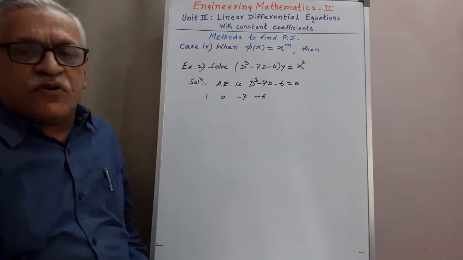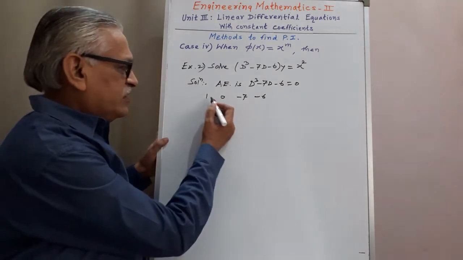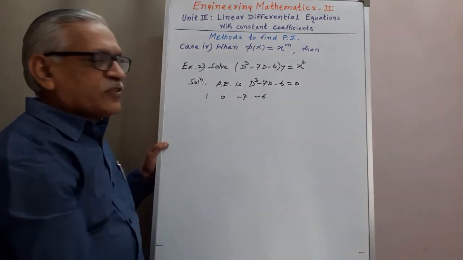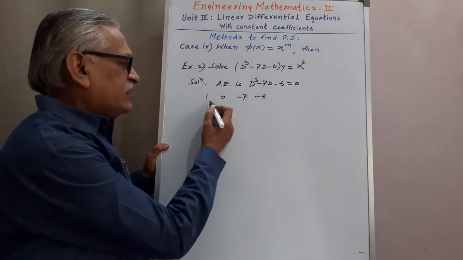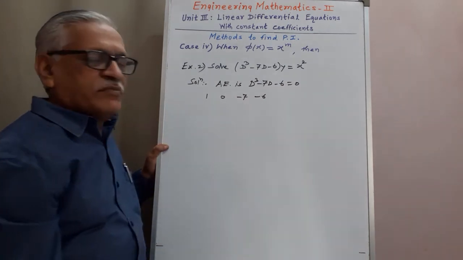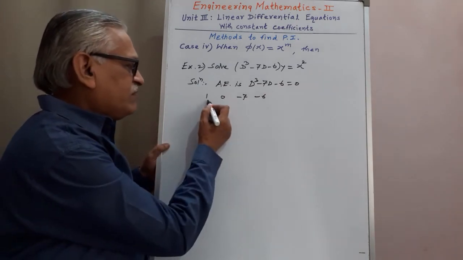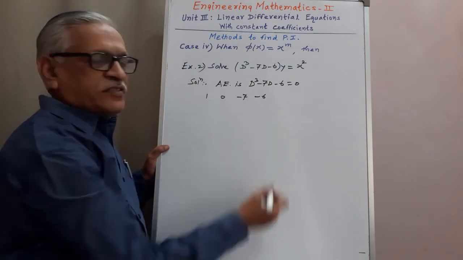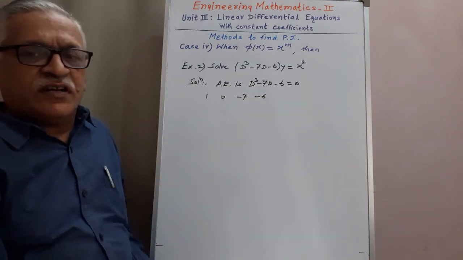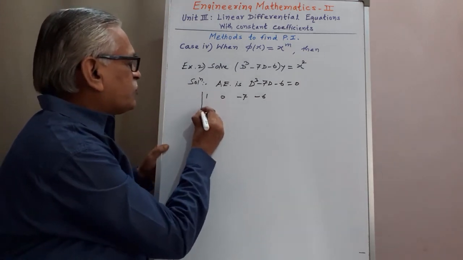If the sum of all is 0, then 1 is a root. Here the sum is not equal to 0, therefore 1 is not a root. Then we check the sum of alternate terms, meaning the sum of even terms is equal to the sum of odd terms. 1 minus 7 is minus 6 and 0 minus 6 is minus 6. These two sums are equal, and therefore minus 1 must be a root.